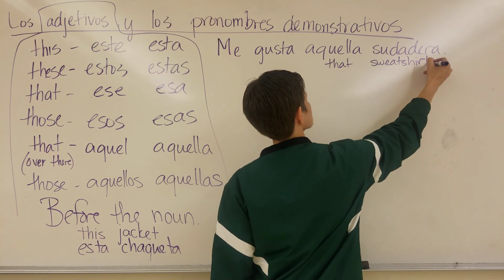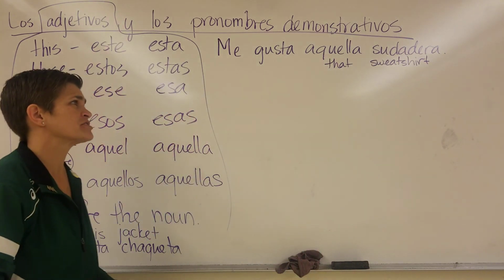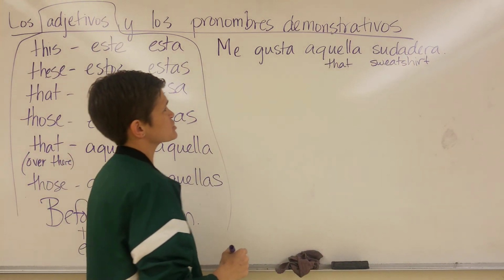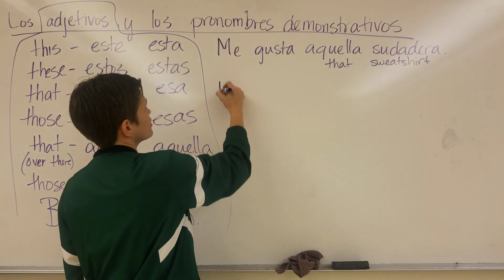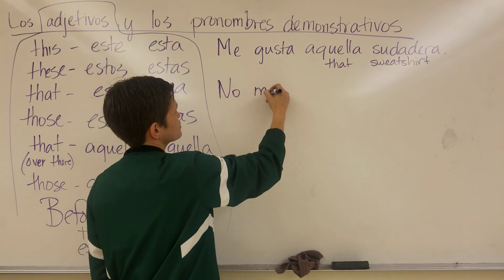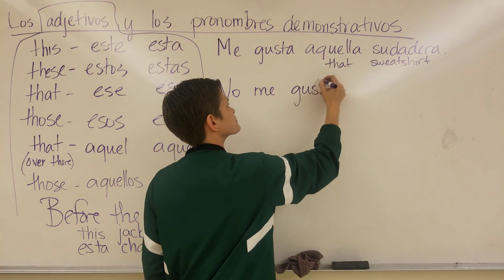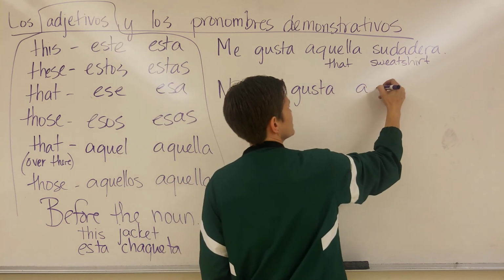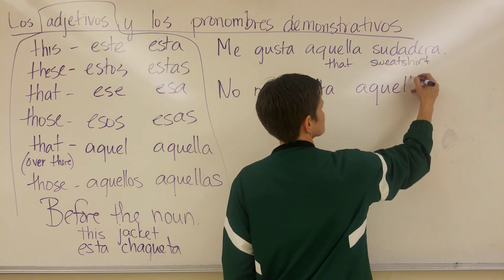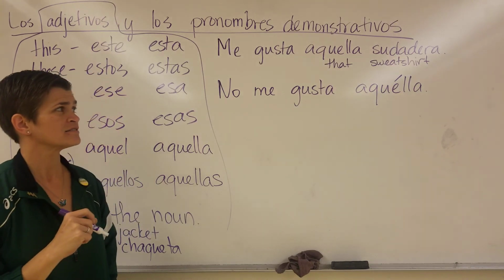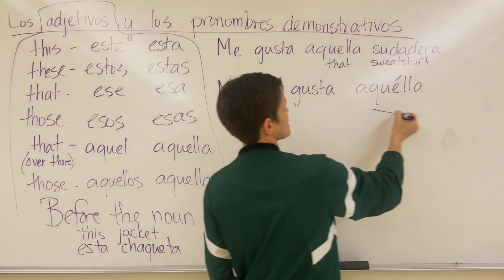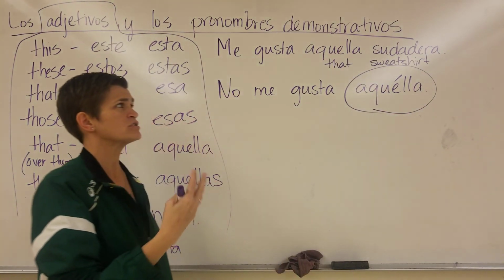In this case, that is an adjective and it's coming right before the word sweatshirt. But someone might respond to me and say, no, me gusta aquella. And it's going to get an accent. In this case, this has now become our noun. It's referring to the sweater.